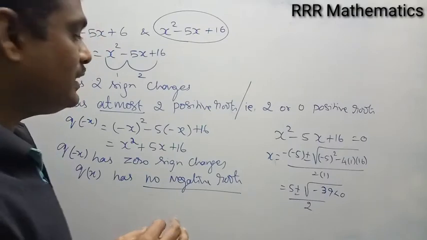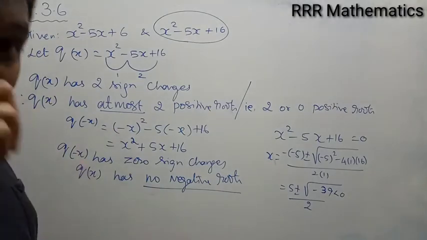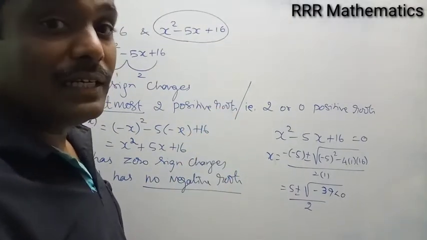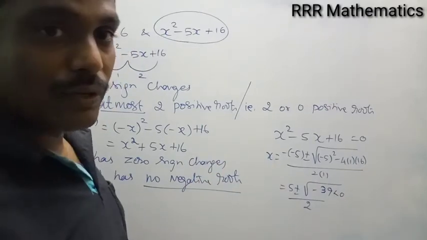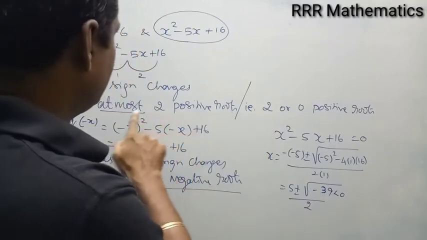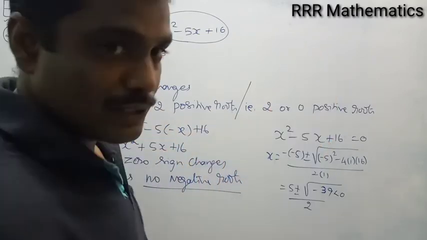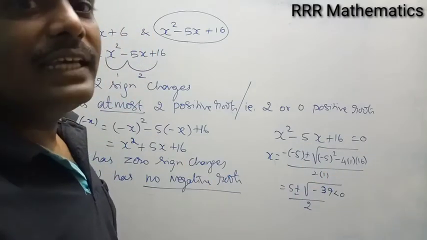So whenever using Descartes rule, you write that at most two positive roots, that is nothing but 2. You subtract even multiples, that is 2 minus 2, minus 2 further, till 0 or 1. So in this case I am getting 2 at most, so 2 or 2 minus 2, 0 positive roots. So when you see the graph you can understand the two roots are imaginary.